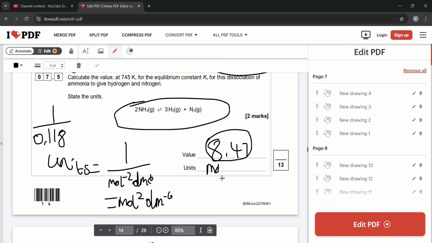All we did was what was positive became negative, and what was negative became positive. Mole to the power 2 dm to the power minus 6.